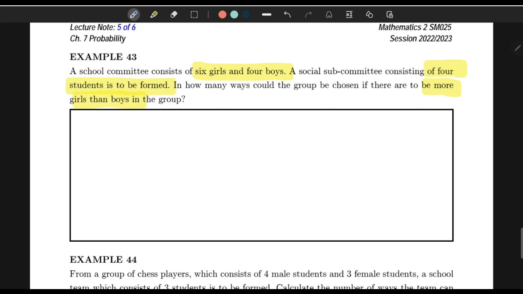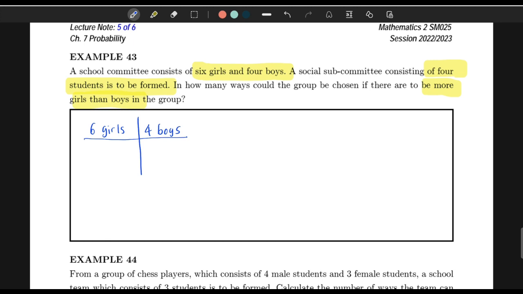Okay, now we have 6 girls and 4 boys in a school committee. A social subcommittee consists of 4 students is to be formed.